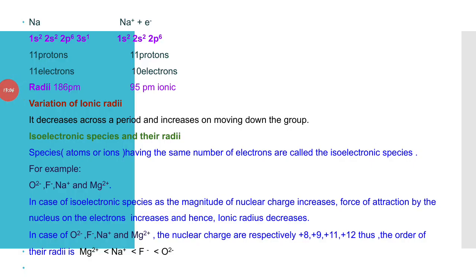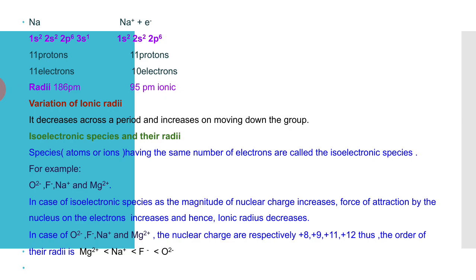Here we discuss the electronic configuration of sodium and sodium ion. Electronic configuration of sodium is 1s2, 2s2, 2p6 and 3s1, while sodium ion is 1s2, 2s2, 2p6.